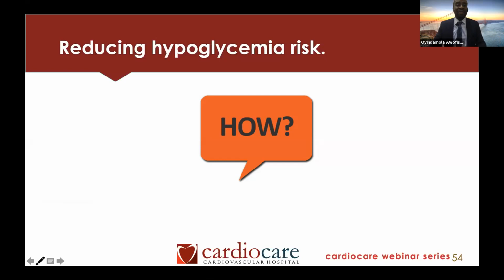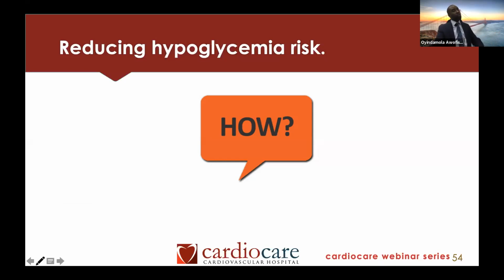In certain places, they have the Diabetes Association, some of which have subsets, either for the insulin-treated ones or for those with type 1 diabetes, and patients can reach out and get information on what to do in certain situations. So giving that support system makes the patients know that, okay, I'm not alone in this. If I run into any trouble, I can always reach out and get the answers I need.